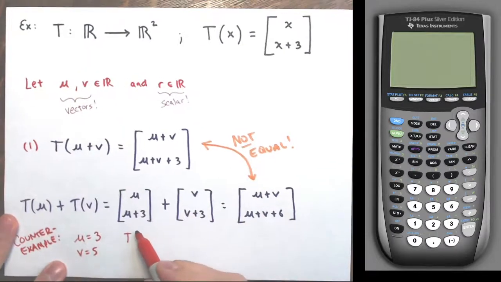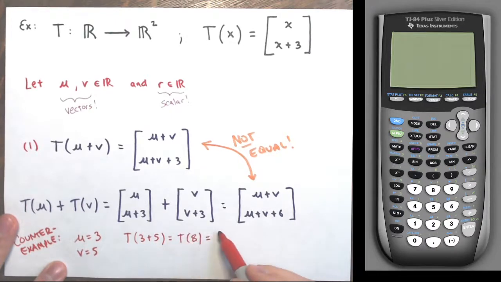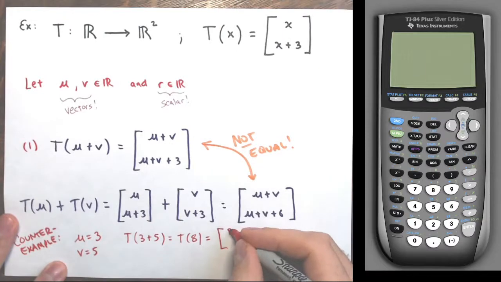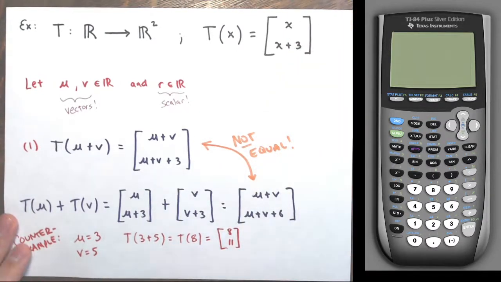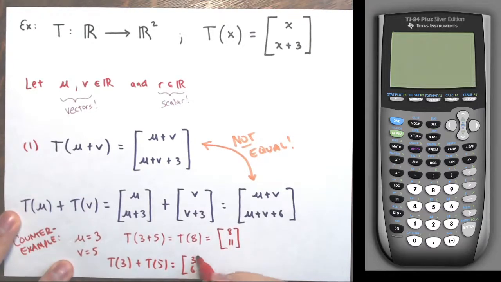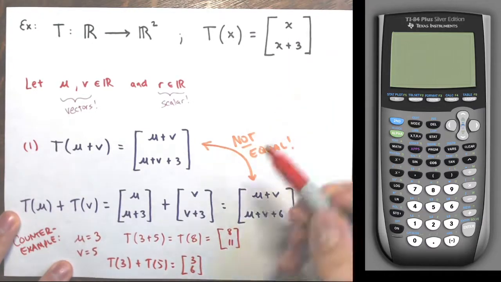So T of 3 plus 5, well, if I add the vectors first, that's T of 8, and the resulting output would be the vector 8, 11, right? 8, 8 plus 3. But T of 3 plus T of 5: T of 3 would be the vector 3, 6, 3, 3 plus 3.